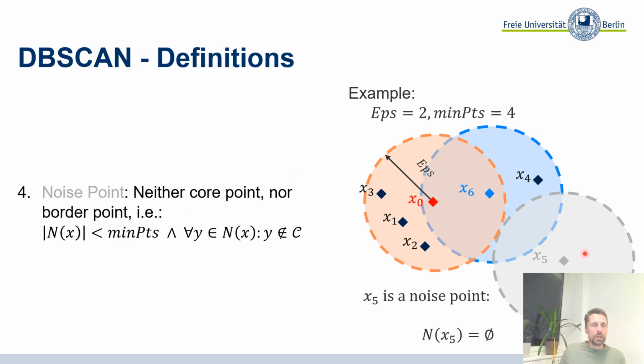And those that we really don't care about are the outliers or noise points, and they are neither a core point nor a border point. For x5, for example, there's no point in its neighborhood, and so we disregard x5 as a noise point.